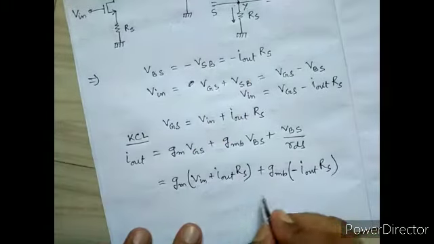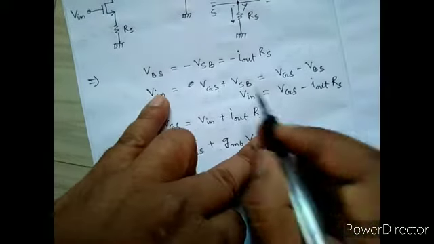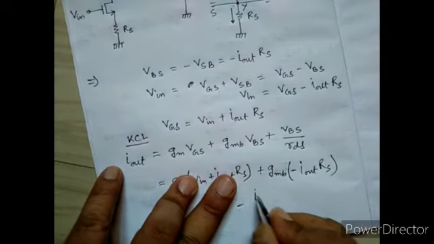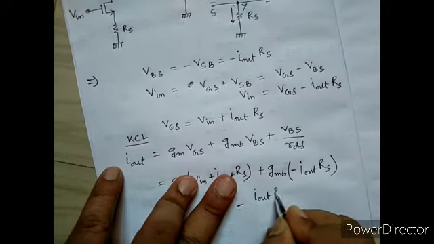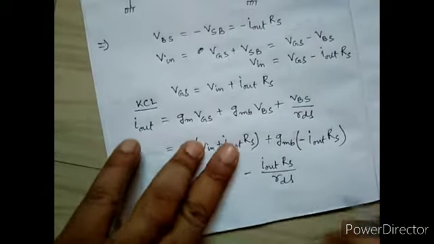VBS equals minus Iout RS, so we can write minus Iout RS by RDS.